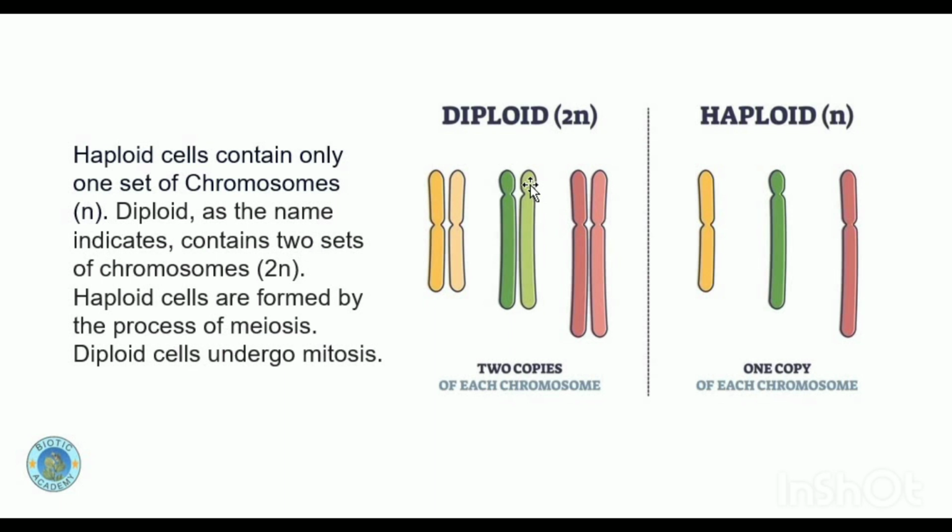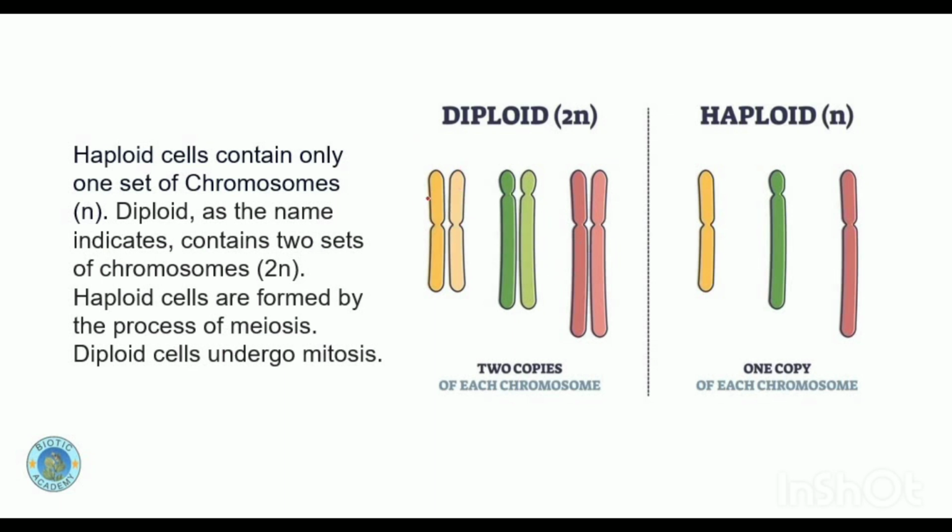When the cell is ready to divide to produce new daughter cells, the chromosomes arrange themselves in this manner. In diploid cells, each chromosome has a pair. You can see here two copies of each chromosome, and they are called homologous chromosomes.